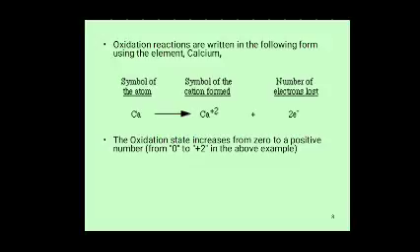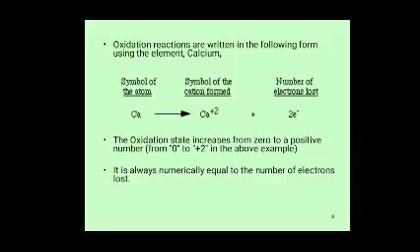So oxidation reactions are written in this way when the element loses electrons from its valence shell. The oxidation state increases from 0 to a positive number, which is called oxidation. It is always numerically equal to the number of electrons lost.